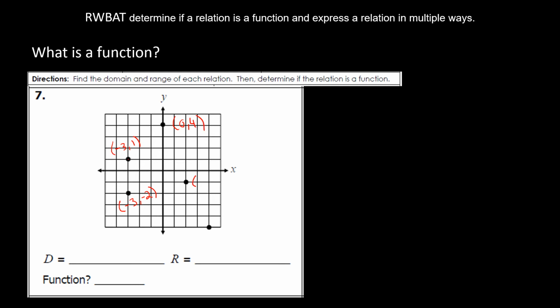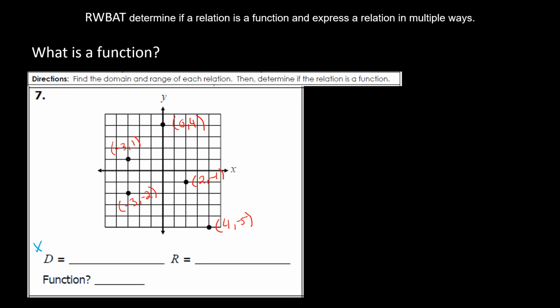This point right here would be at 2, -1. And this point over here would be at 4, -5. Okay, so we have all these points. When we're determining our domain, we're going to say domain is x.